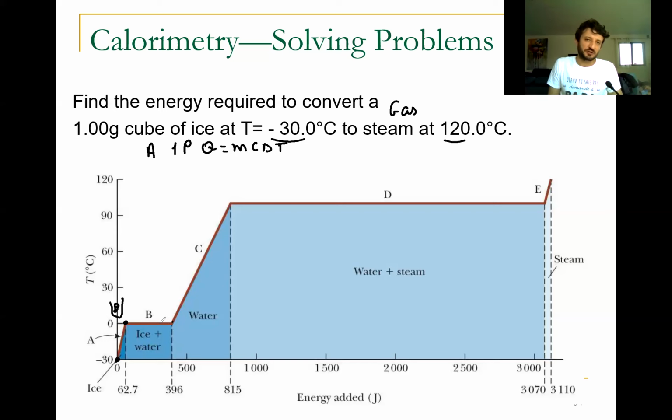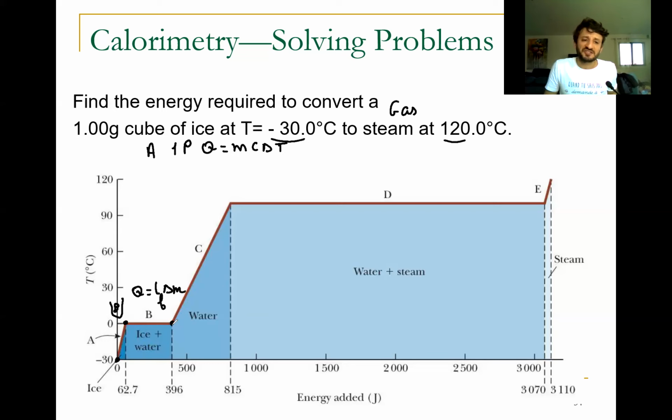As we have a change of phase, we have to choose this equation, Q equals L delta M, because we have a change of phase between solid and liquid. And here we have a fusion, we have LF.